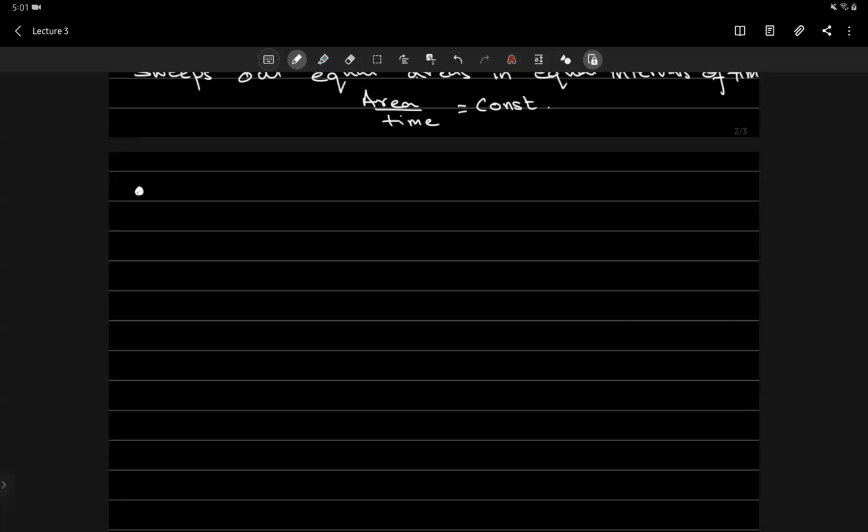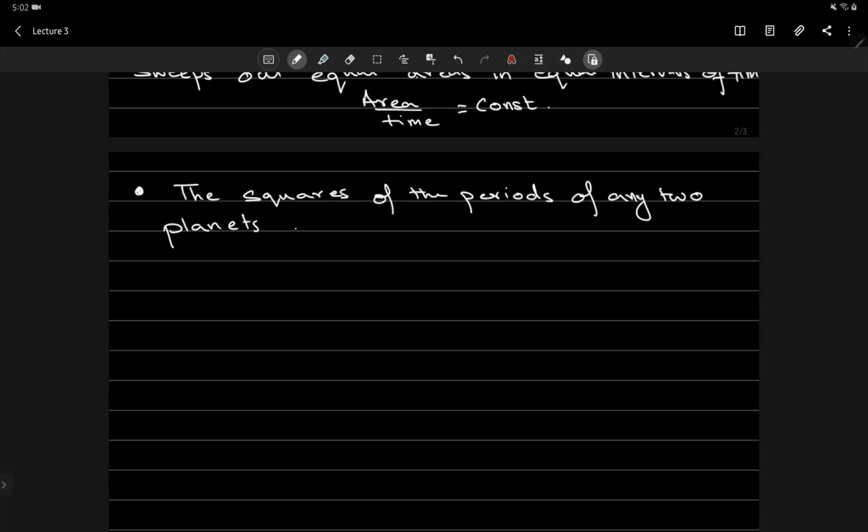So I was writing down the third law, and it just says the squares of the periods of any two planets are proportional, or I'm just going to use this directly proportional symbol, to the cubes of the semi-major axes of their respective orbits.